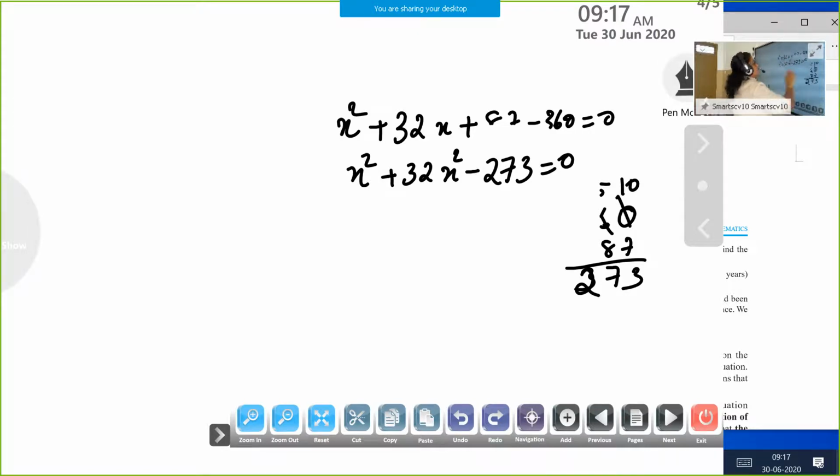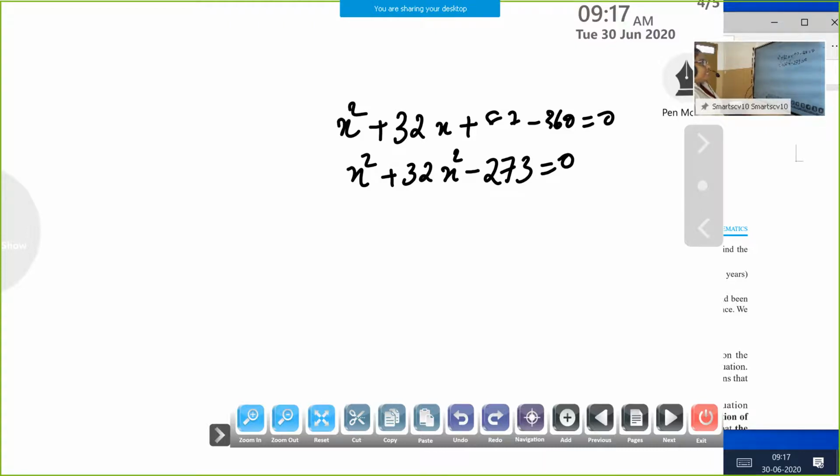So x square plus 32x minus 273 is equal to 0.